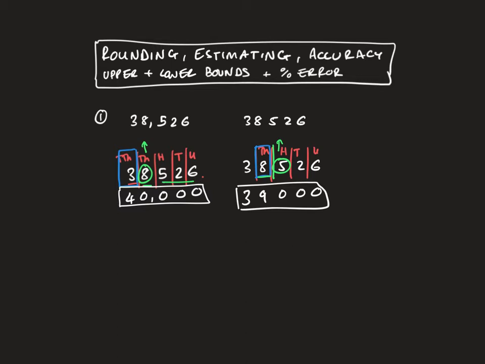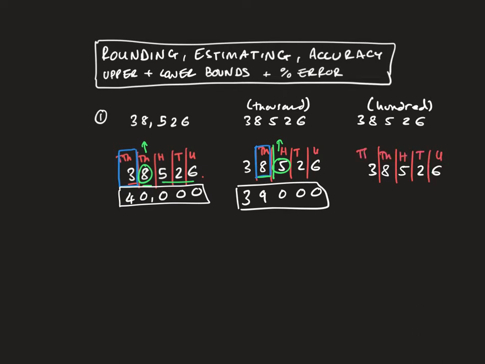Again, say we have 38,526, and we're asked to do that to the nearest 100. So this was to the nearest 1,000, and this will be to the nearest 100. I create my columns here: units, tens, hundreds, thousands, 10,000s.